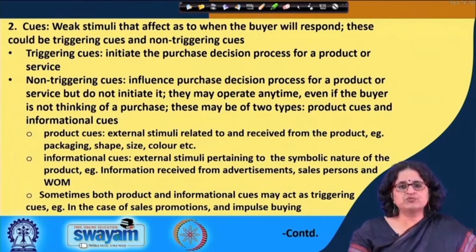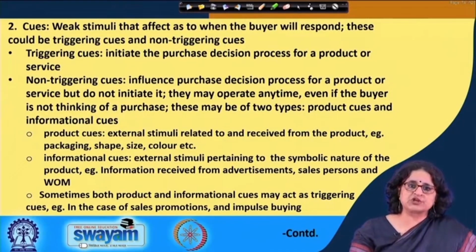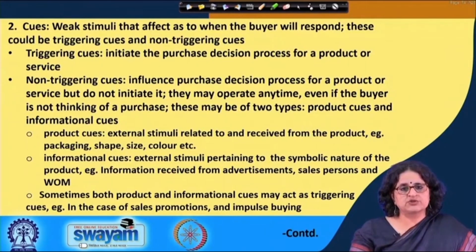Now, sometimes both product and informational cues may also act as triggering cues. They may become triggering, for example, in the case of sales promotion where there are deals and discounts and prices suddenly drop. In those cases, the consumer may rush towards the nearest store to buy a particular product or service offering, or may order online and so forth.